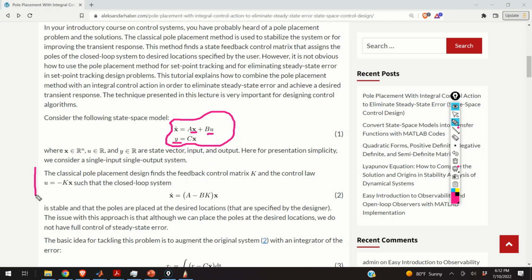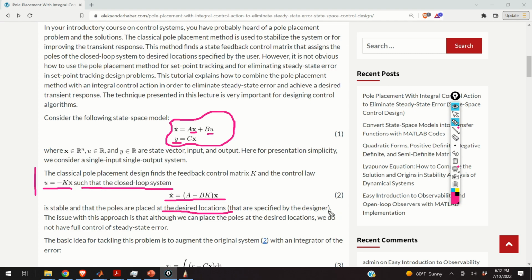Now, the classical pole placement design finds the feedback control matrix K and the control law u is minus K times x, such that the closed loop system, given by equation 2, is stable and that the poles are placed at the desired locations.